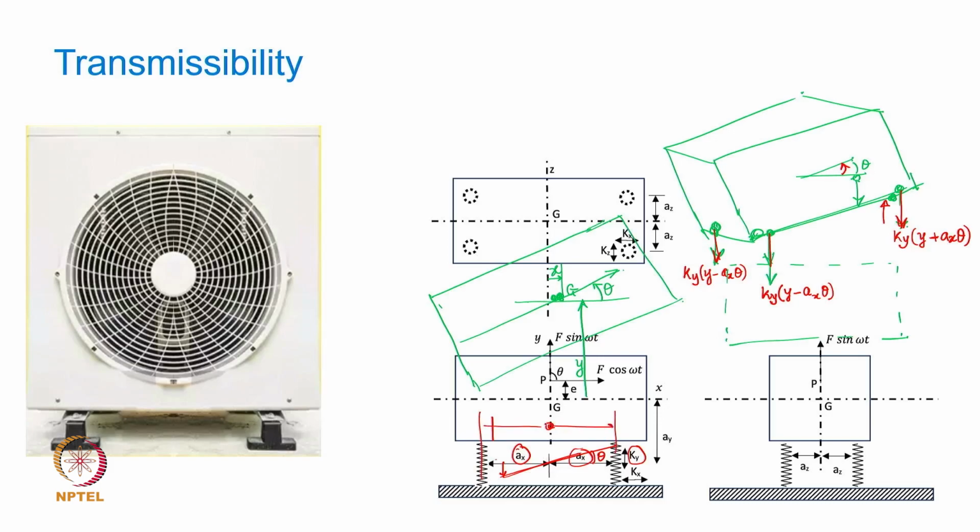If it differs, the force will be different, and you have to take that into account. So G is located horizontally in the center of the distance between two springs. What about the spring on the back side? It is of course going to be the same, identical: Ky into y plus Ax into theta. This is what the force will look like. Is that clear? Will there be only these four forces on this free body?